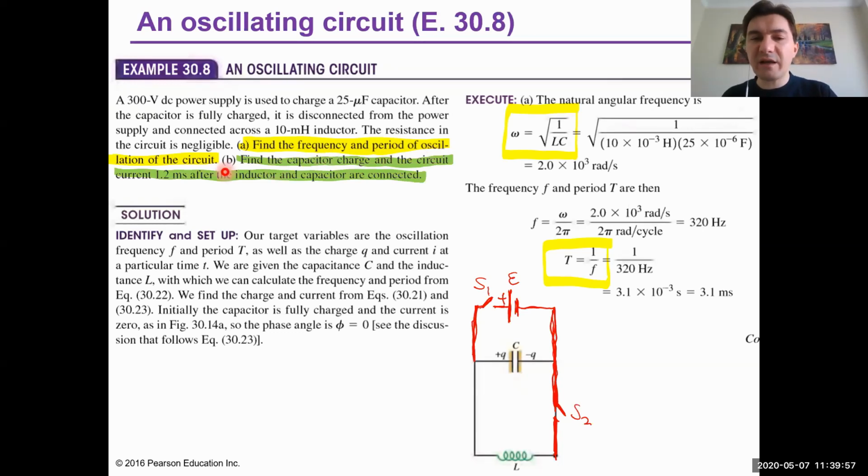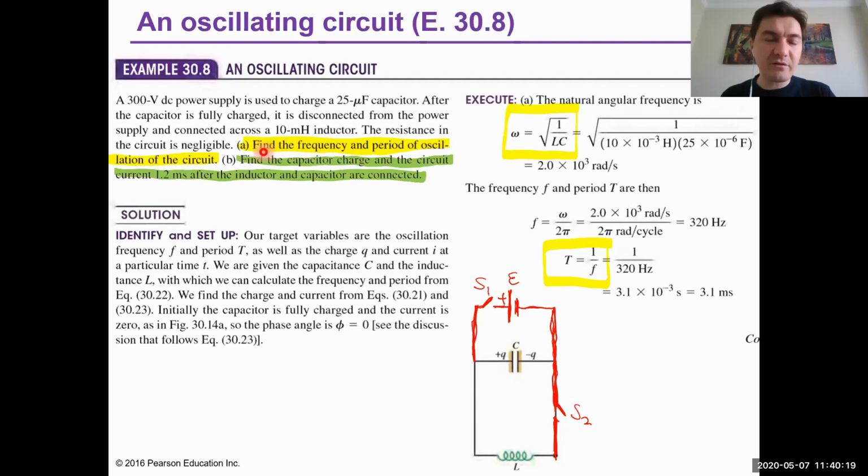We have learned that the current will oscillate in the system, okay? First of all, there will be direction like this, and then the direction like this, and like this. So there will be oscillation in the current and the charge in the circuit.